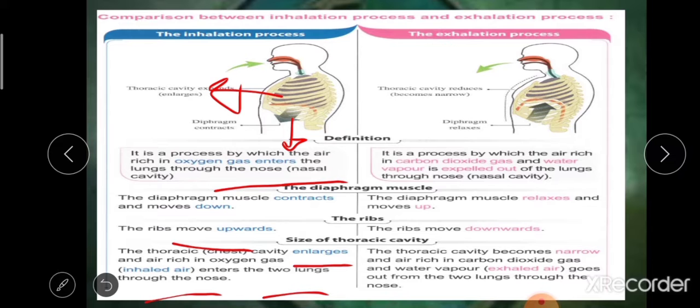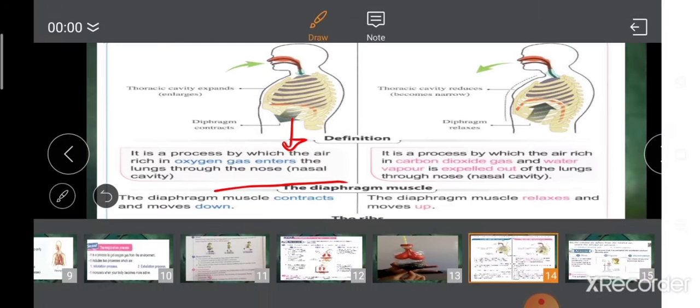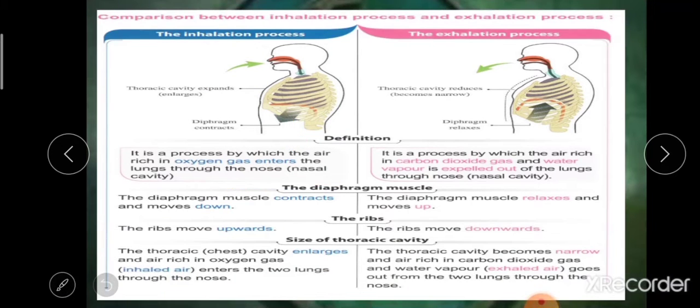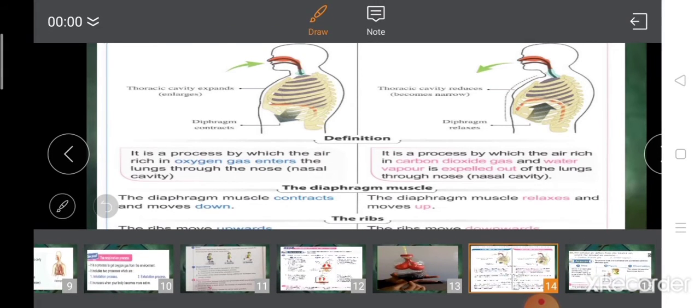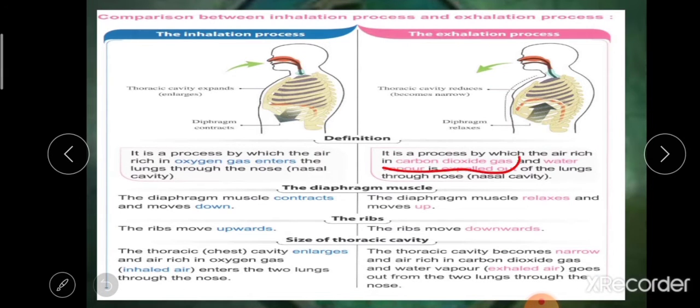The opposite occurs in the exhalation process. The exhalation process is the process by which carbon dioxide gas and water vapor are expelled out of the lungs through the nose or nasal cavity. Nose means nasal cavity. So in the exhalation process, carbon dioxide gas and water vapor are expelled out of the lungs through the nose. What happens during this exhalation process?